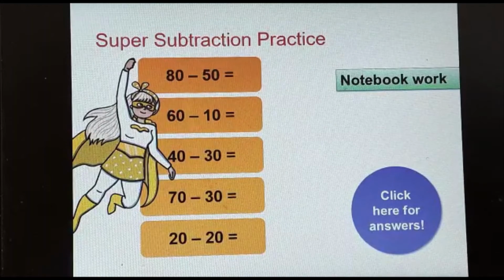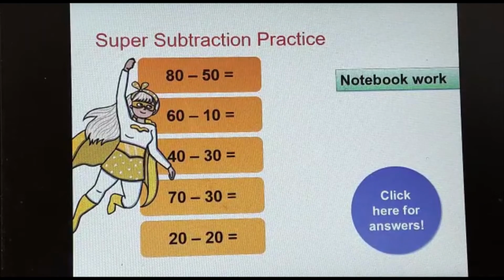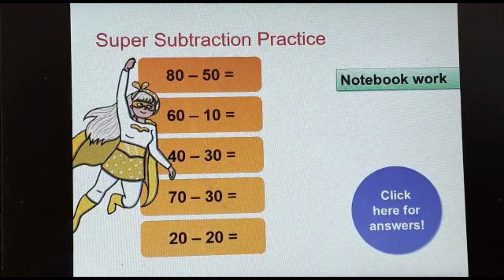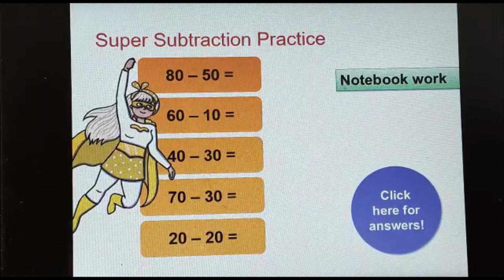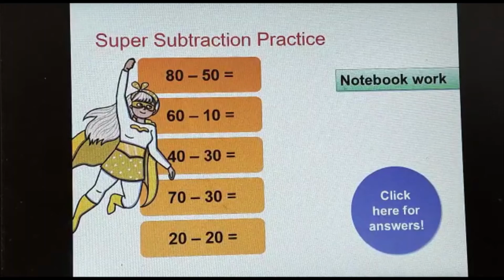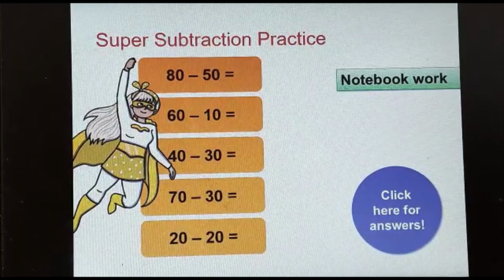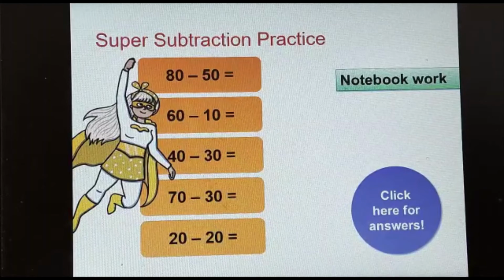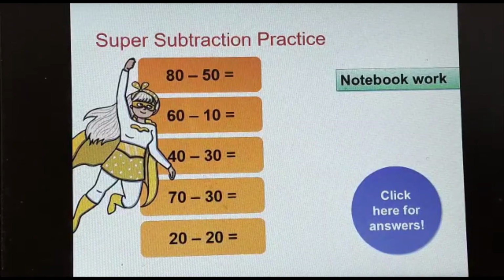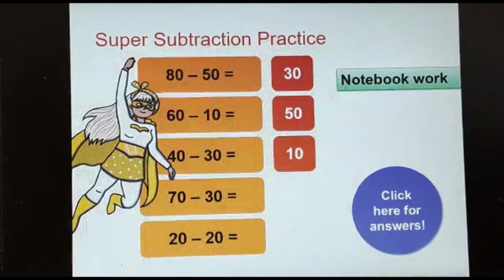Finally, we will be giving them the questions and they will solve all these questions. The super subtraction practice using any one strategy that they have learned out of the 2 strategies. After they finish their notebook work, we can discuss the answers with them and we can check whether they have done it correctly or not.